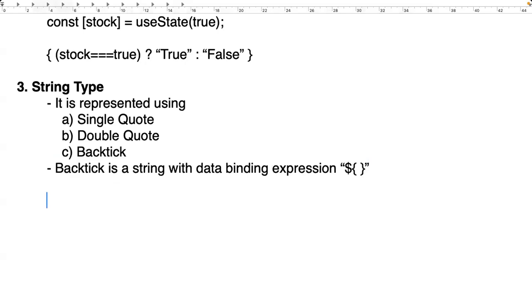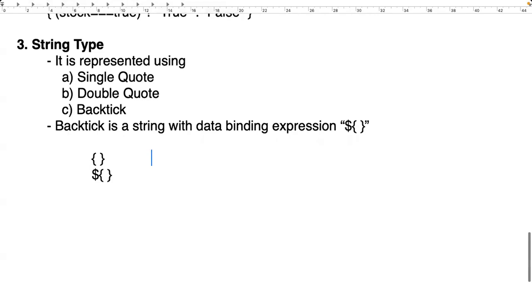Now, in many React interviews, they ask this question: what is the difference between the curly braces and this one? Both are binding expressions. This is React binding expression, and this is JavaScript binding expression. There is a difference between these two. One is the React binding, another one is the JavaScript binding.